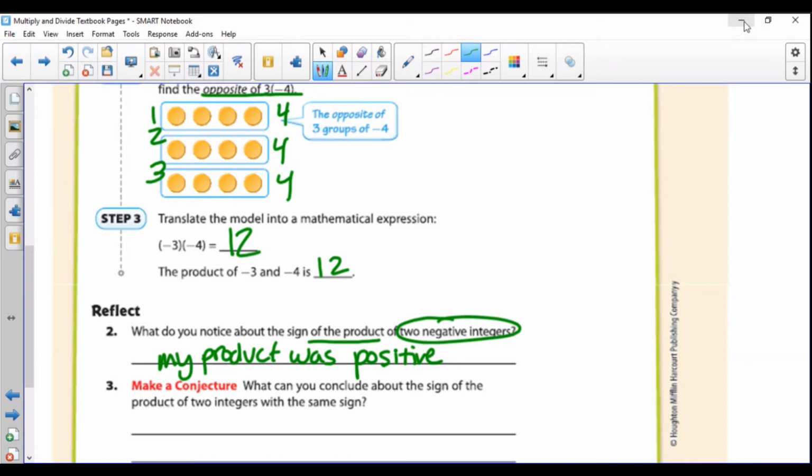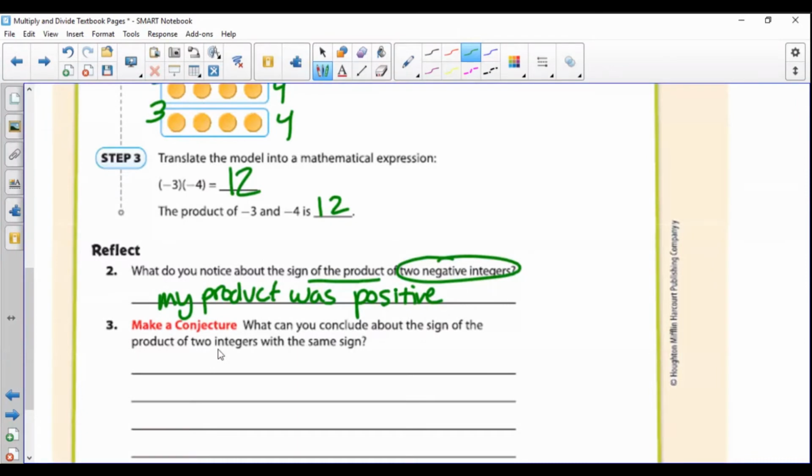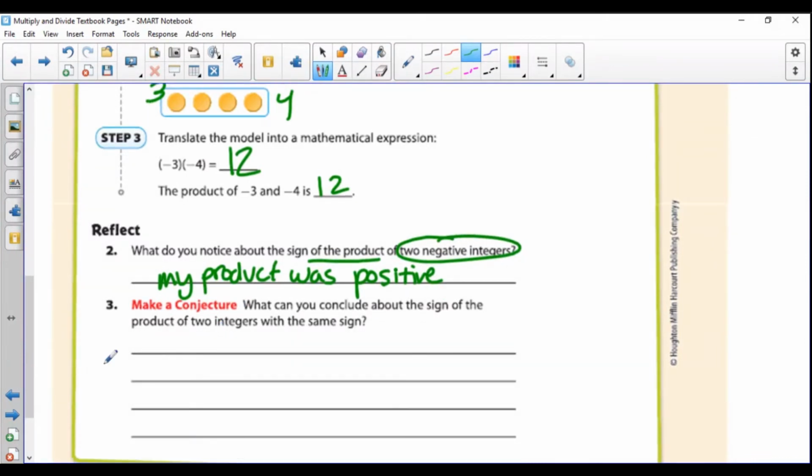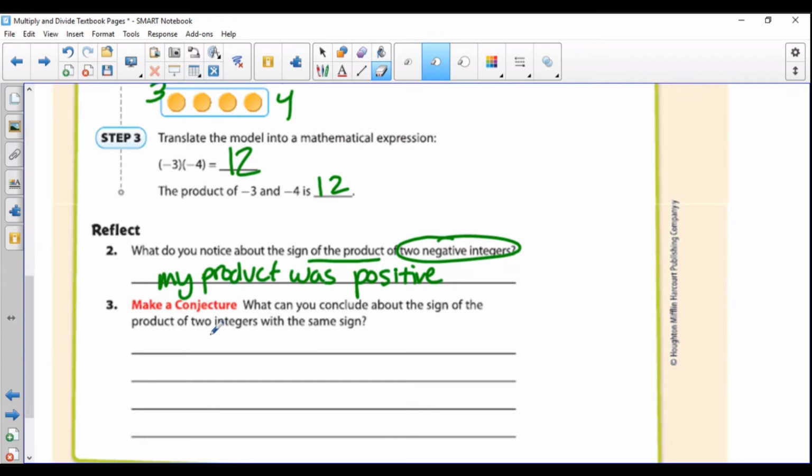So when I do a negative times a negative, I get a positive answer, right? So let's think about that. We're gonna skip this bottom one, sorry. Actually no, let's go ahead and do this one, we're not gonna skip it.